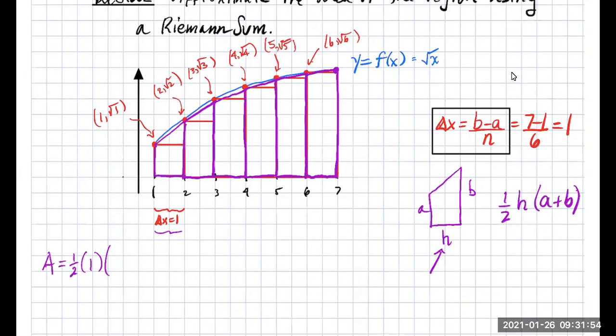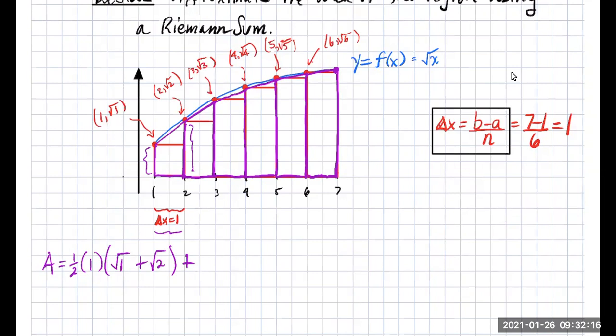So the first parallel side, that height is square root of 1, plus the next height, square root of 2. Okay, and then carry on until you get them all. Okay, so for the second trapezoid, 1/2 times 1 times the square root of 2 plus the square root of 3, and so on.